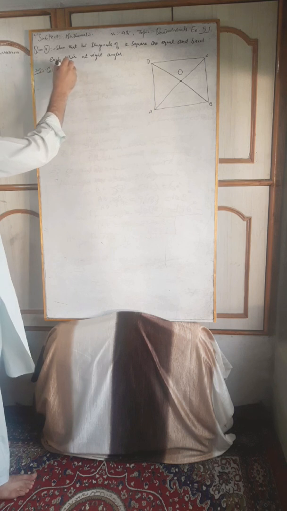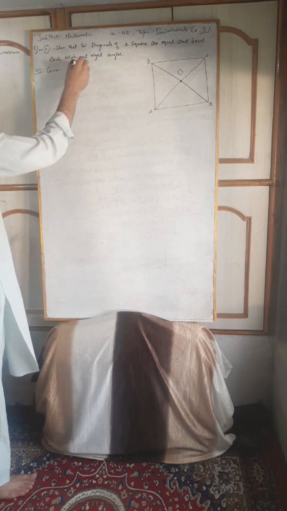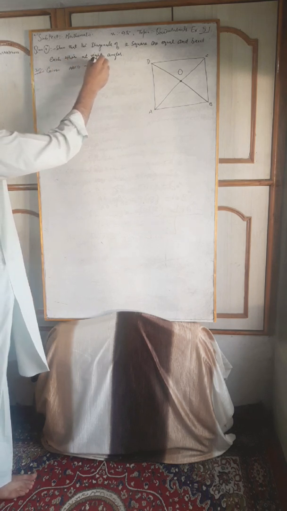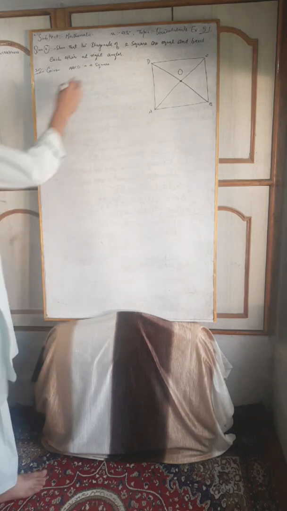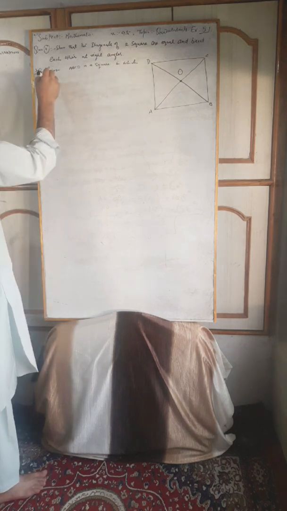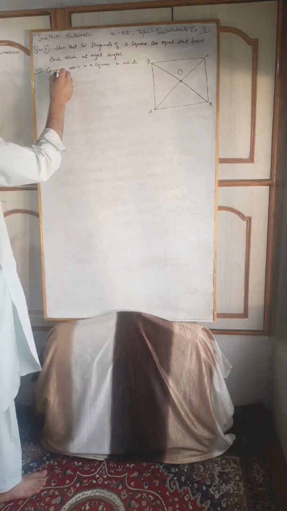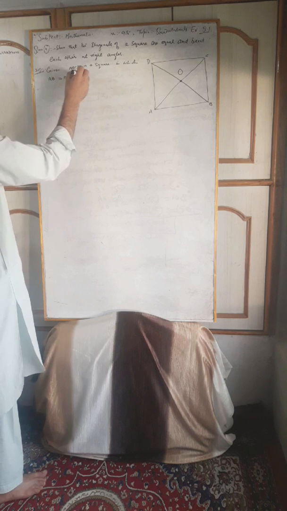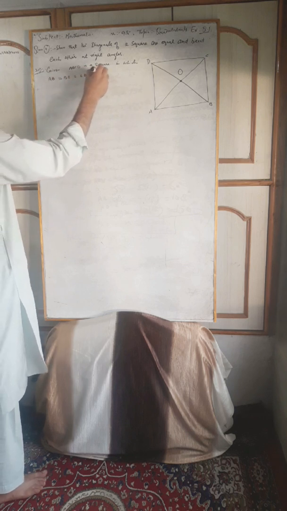Given: ABCD is a square in which AB is equal to BC is equal to CD is equal to AD.